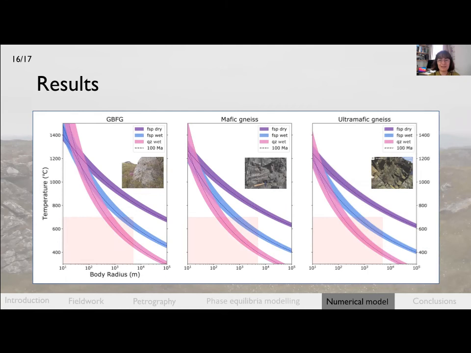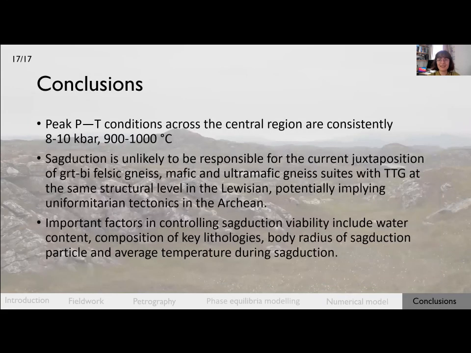Given that the Lewisian central region is thought to be fairly dry, our model suggests that the lithologies observed in the central region are possibly not best explained by sagduction, potentially implying uniformitarian tectonics is the best model to represent processes in this region.